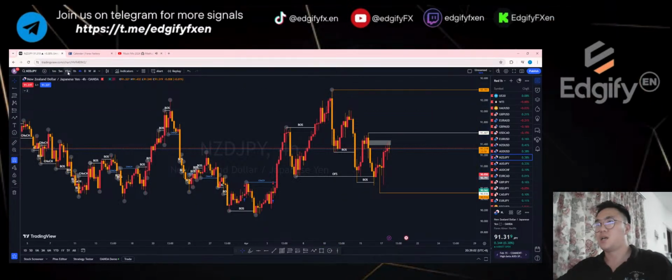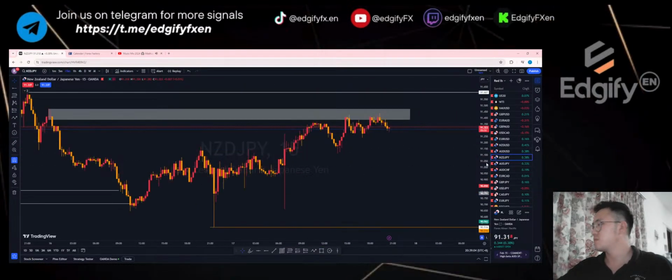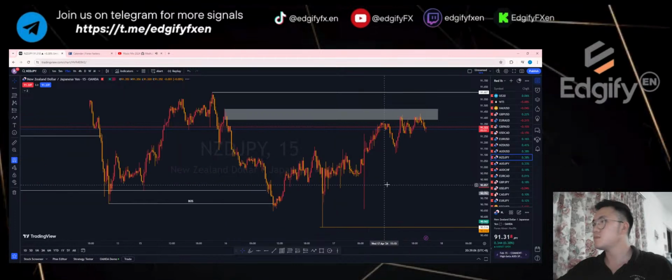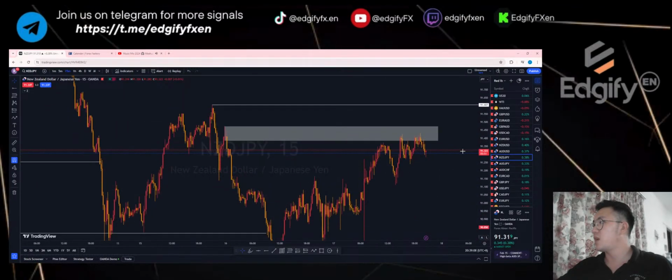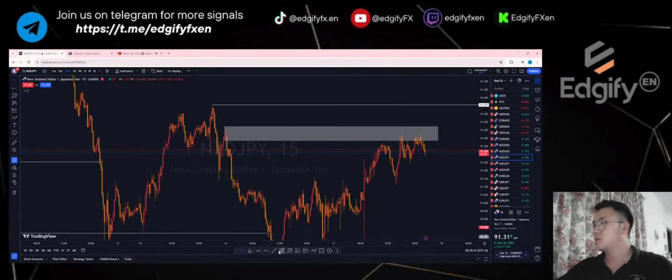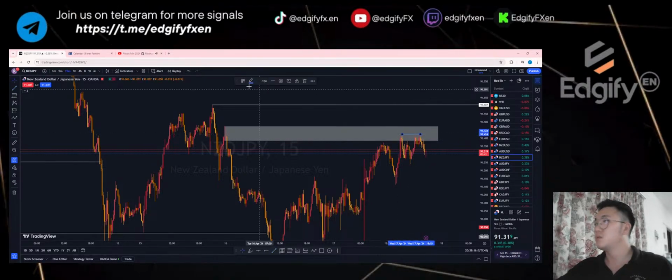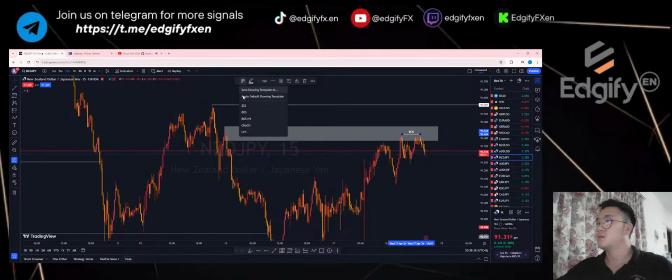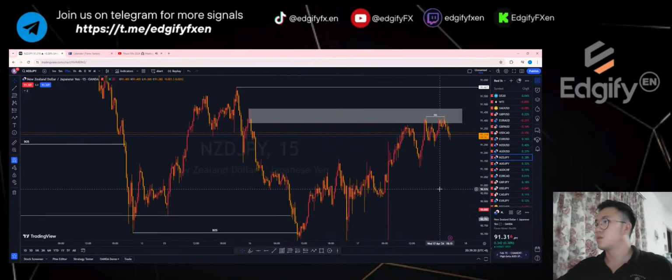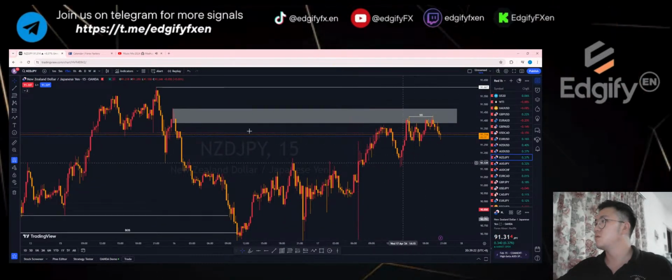Okay, so I will look at the 15. On the 15 we have a tap in here. We also have this being taken out as a liquidity here, which is currently in our zone.